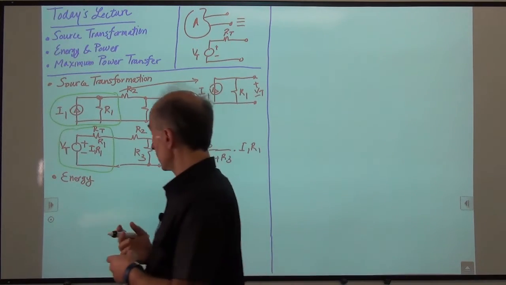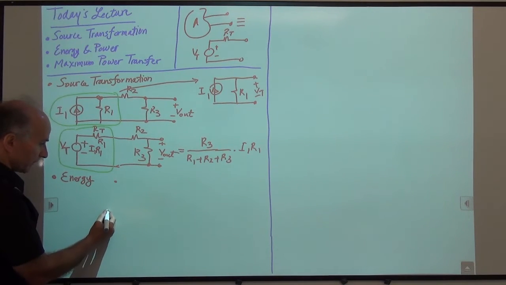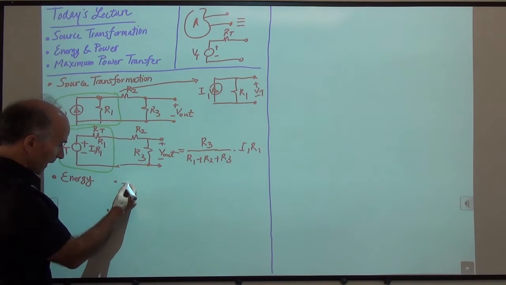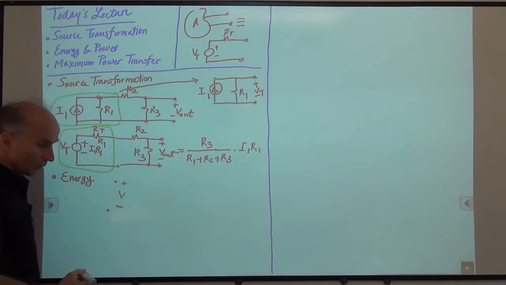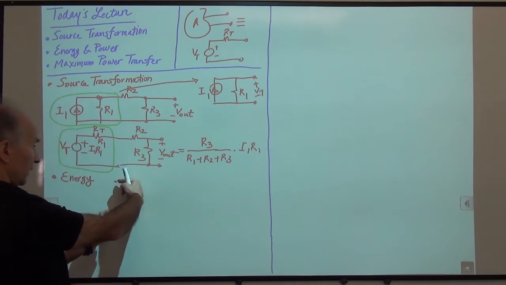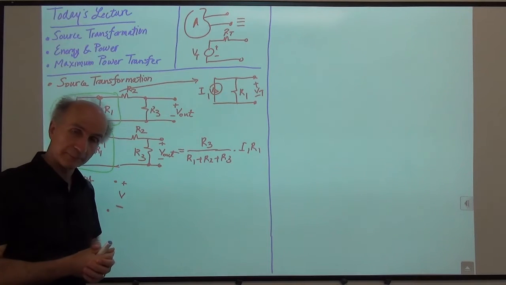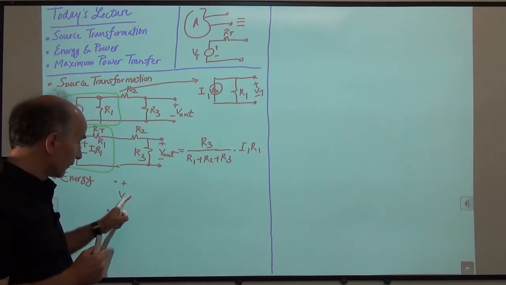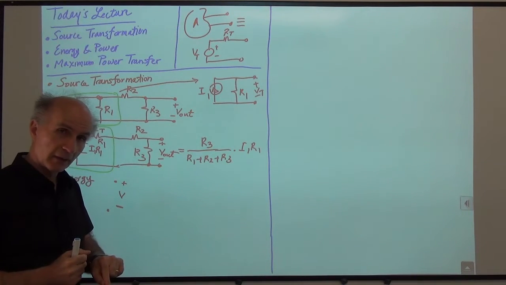So the way we defined voltage was that if I have two nodes in a given circuit, and I have a certain voltage difference between these two nodes, for example, from here to here, I call this V. So if I put a voltmeter between these two points, I measure V volts, right? 10 volts, 5 volts.